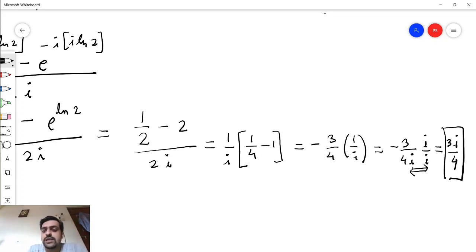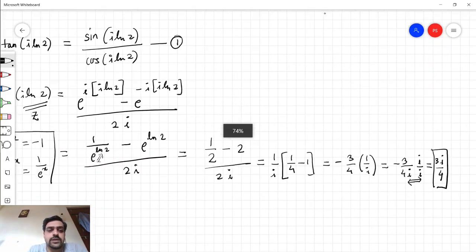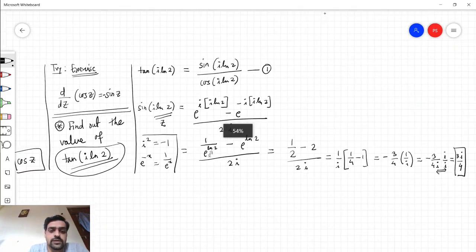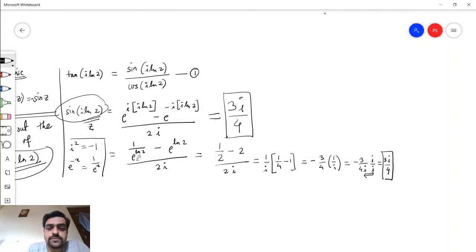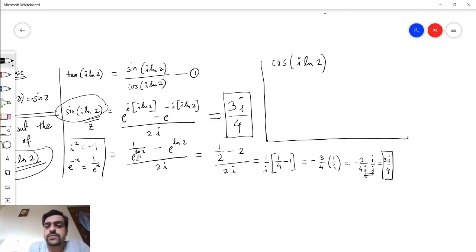Now this is just the half part, because now we have an expression for sine of i log 2 and it is 3i by 4. So the next step is to find an expression for cos of i log 2.